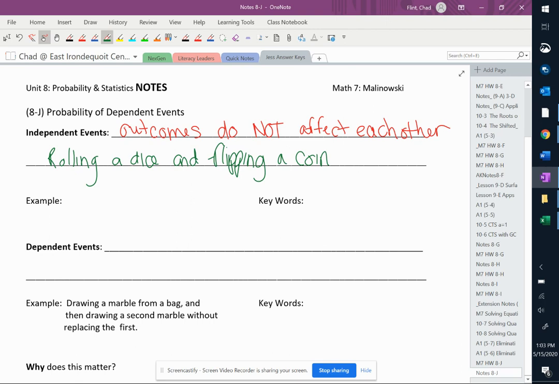Moving forward, another example of this that we could use would be picking something from a bag, replacing it, then picking again.